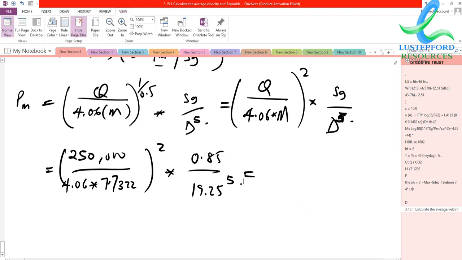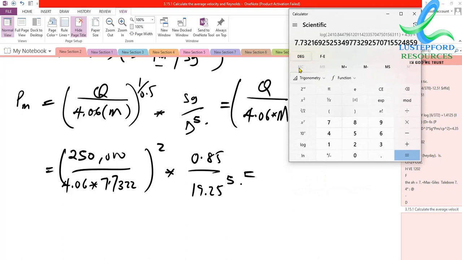Now let's use our calculator. Let me copy this because I will be using it subsequently. This, I will use the inverse of it. Then I will multiply 25,000 to it.